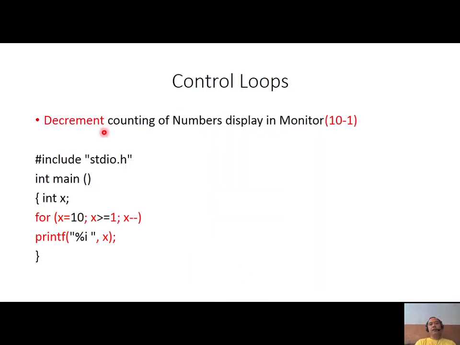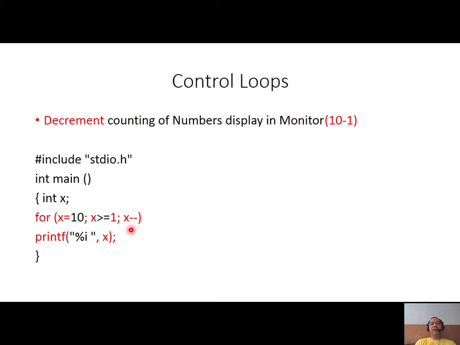Oh, how about the decrement? Decrement counting, which means the display starts from 10, then stops at 1. Okay, so the lower limit now is assigned to 10, and the upper limit is now 1. But take note of the sign. Instead of less than, this time it is greater than or equal to 1.